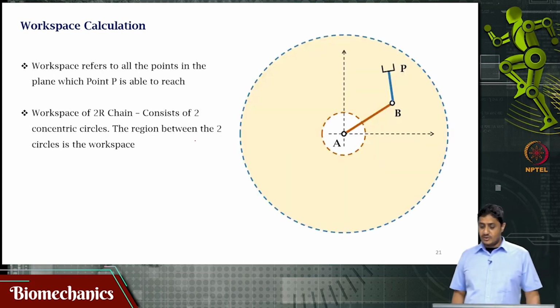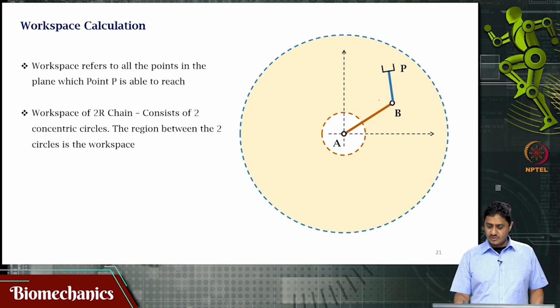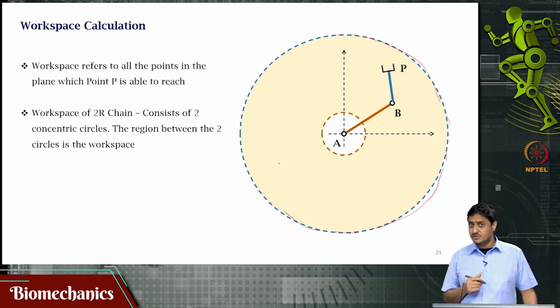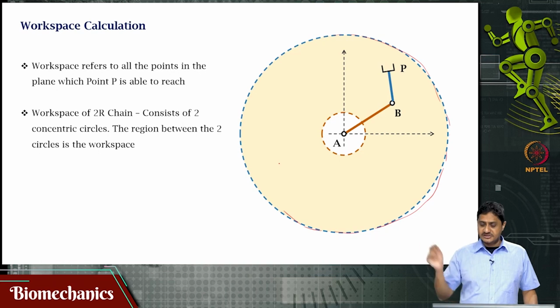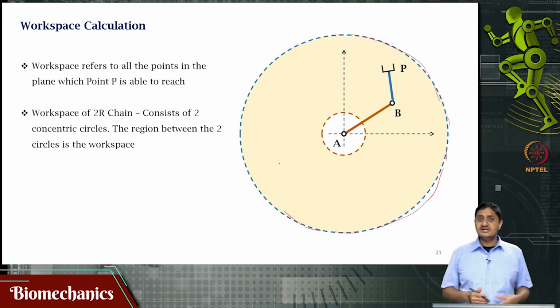So, I have one of these 2 concentric circles, which is the outermost circle. When will this be true? When AB and BP are parallel to each other, or in other words, the entire chain is elongated completely.